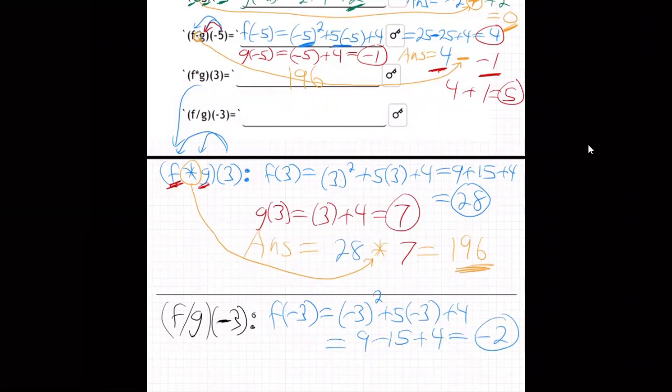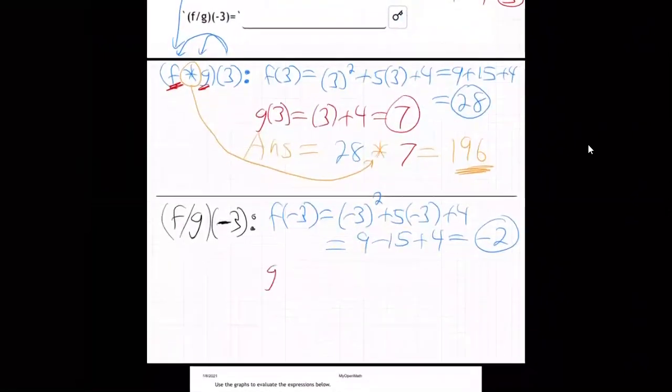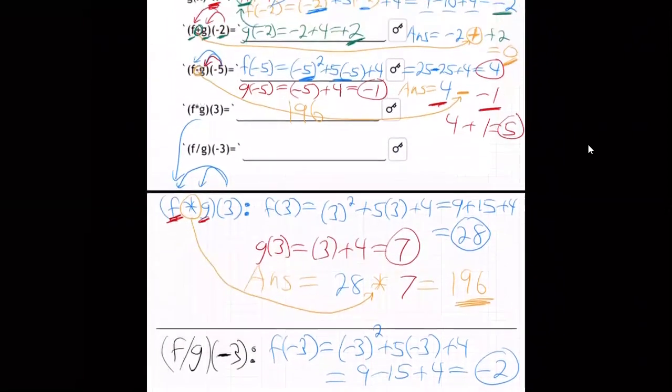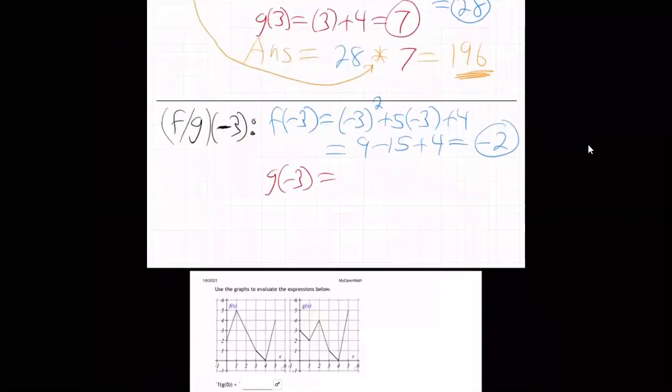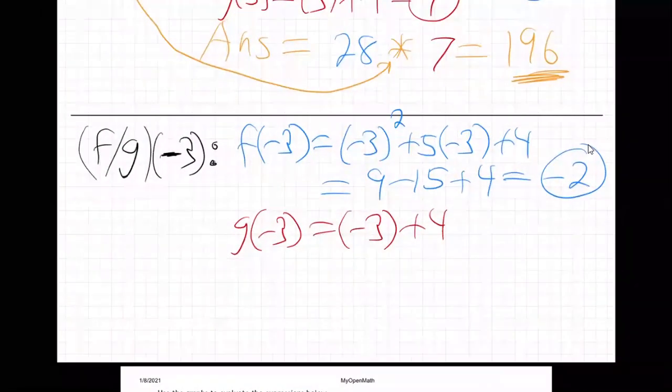And then let's find g of -3. The g function is way back here, it's just x plus 4. So that's just going to be -3 plus 4. That just comes out +1.